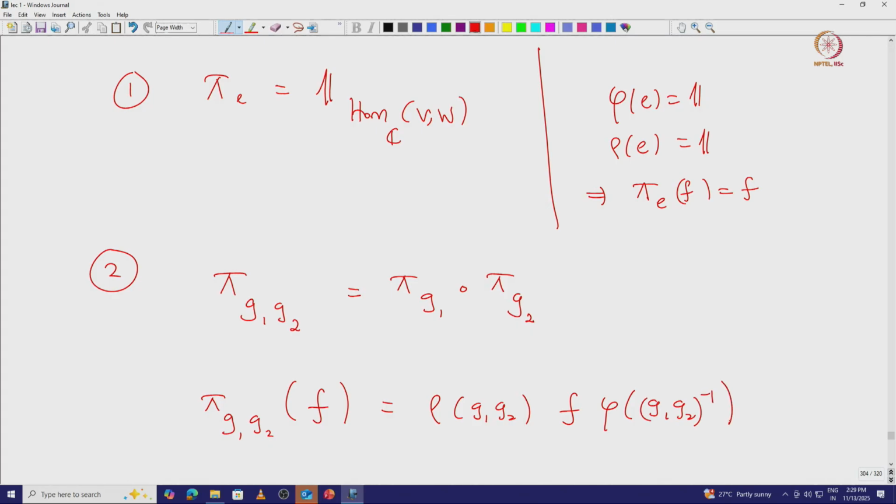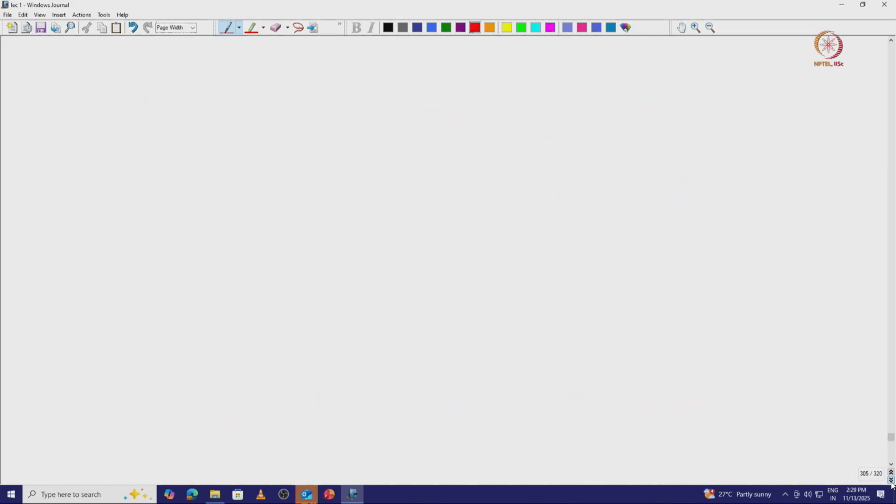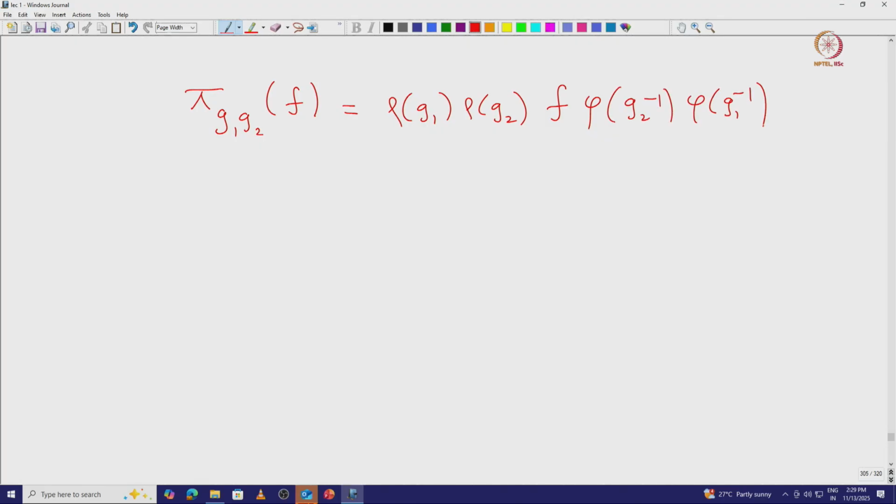Since both rho and phi are group homomorphisms, we can rewrite this as rho g1 rho g2 f phi of g2 inverse phi of g1 inverse.